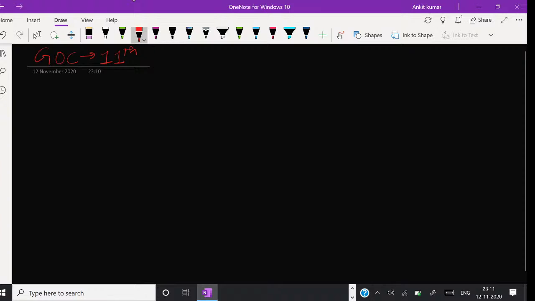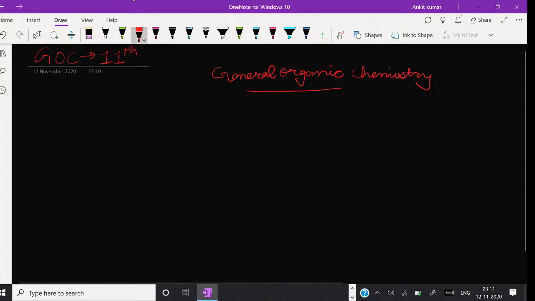So we are going to start general organic chemistry. There are two electron displacement effects.